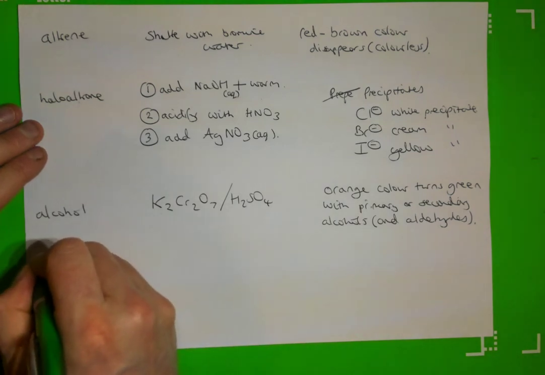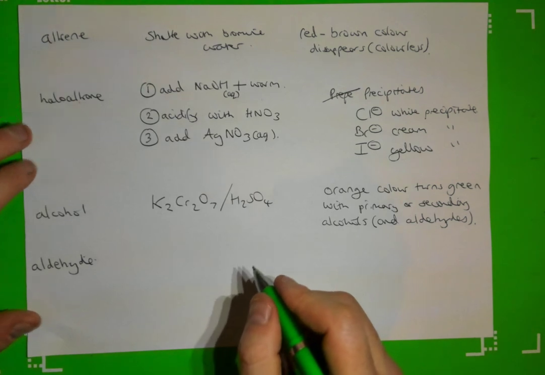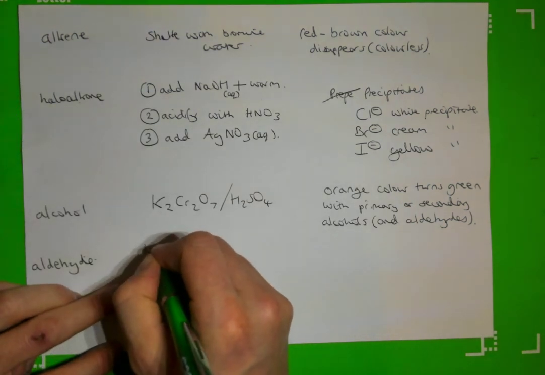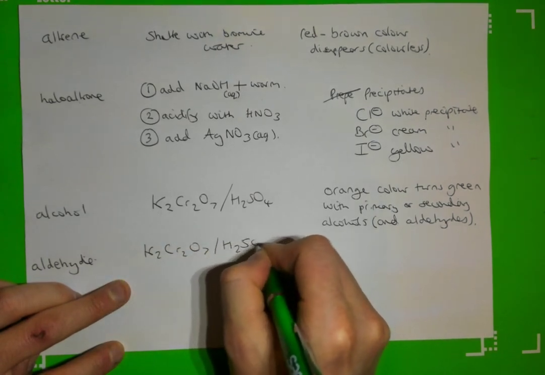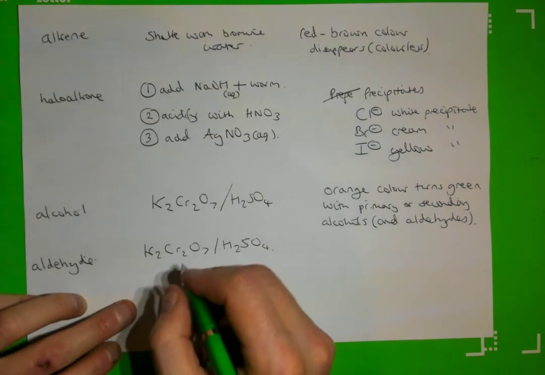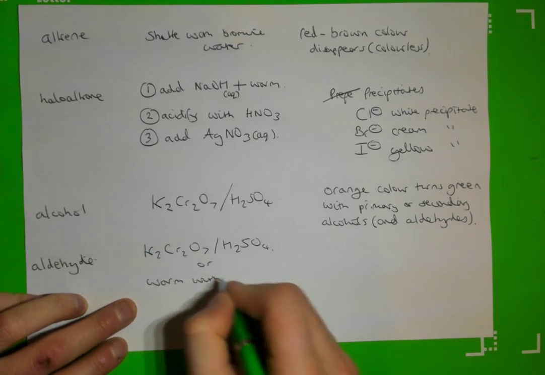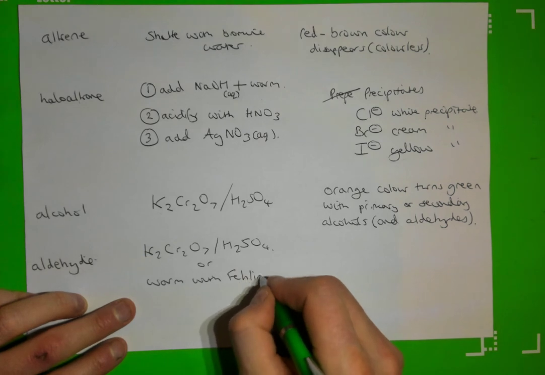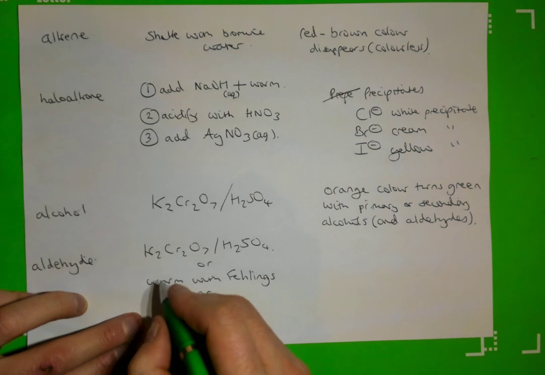To test for an aldehyde, again, we could use acidified potassium dichromate, or we could warm with Fehling solution, or warm with Tollens.